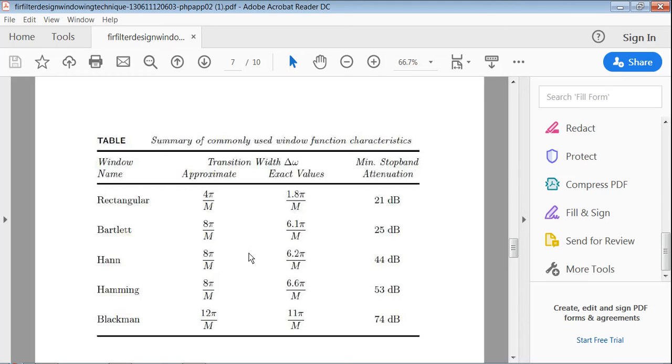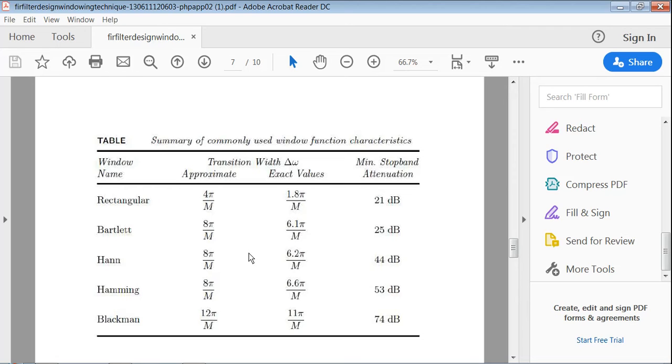These are 4 pi by m, 8 pi by m, 8 pi by m, 8 pi by m, and 12 pi by m. These are the central lobe widths. A very good central lobe width is for the rectangular window, which is 4 pi upon m. So actually we need a very narrow central lobe width.